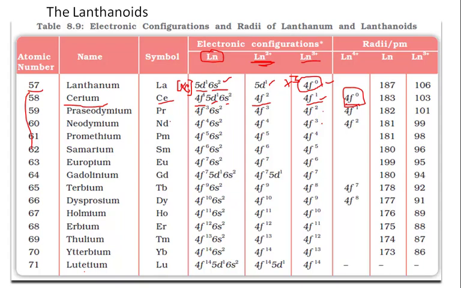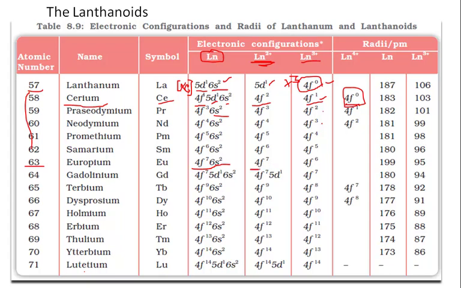In the same manner the gradual filling takes place in praseodymium, 4f3, 6s2; likewise the electronic configuration is given. So I think there is no particular change. Yes, do remember, for example, europium, atomic number 63, has 4f7, 6s2 electronic configuration.